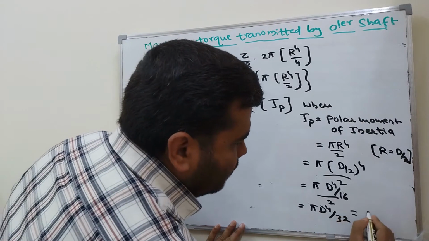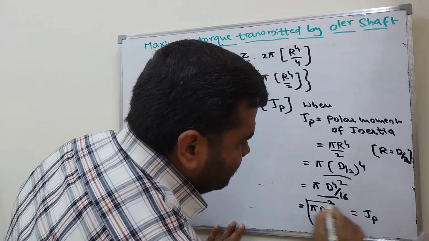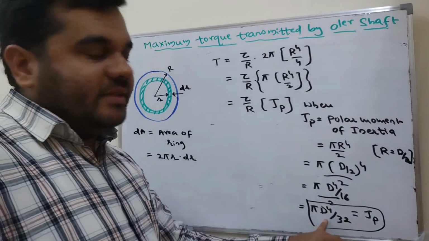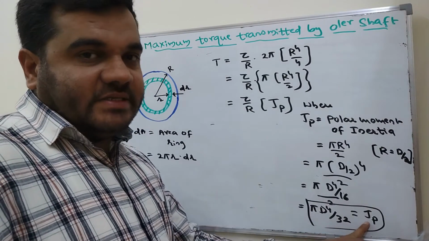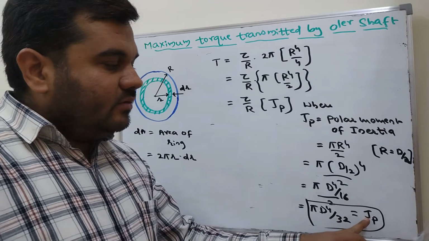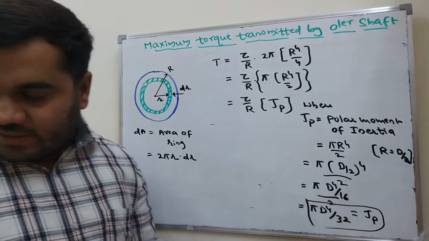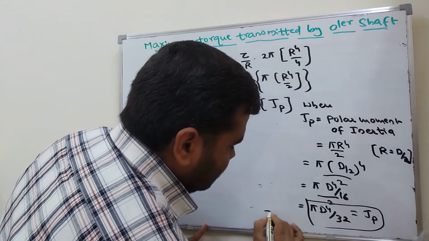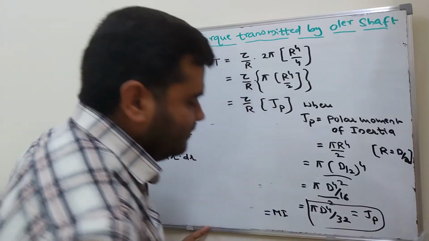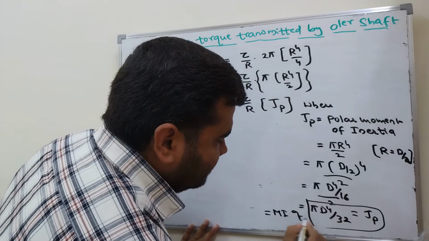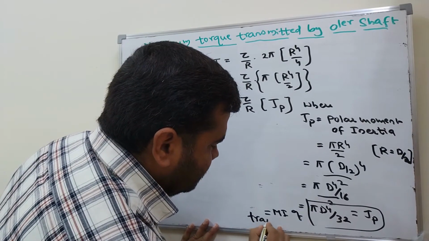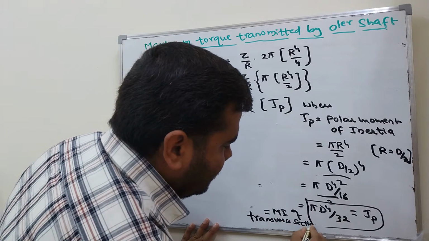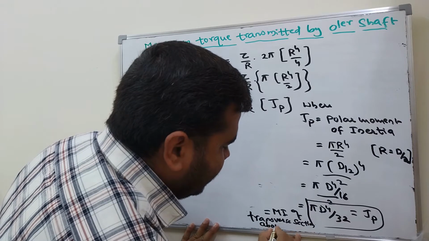This is called polar moment of inertia. Polar moment of inertia is pi d raised to 4 divided by 32. It is the moment of inertia of the transverse section about the centroidal axis.